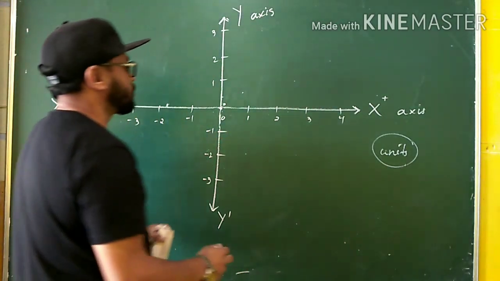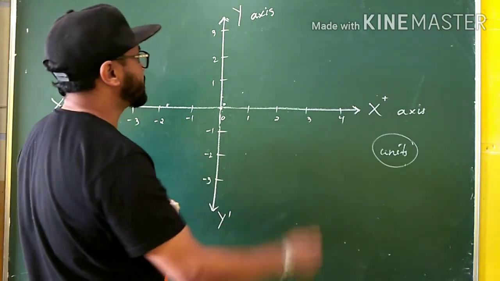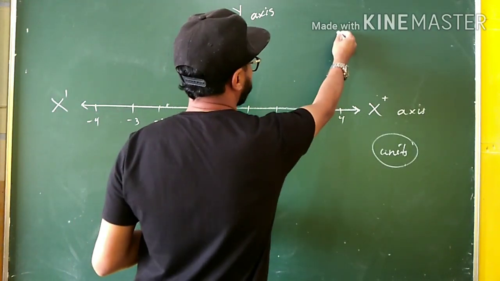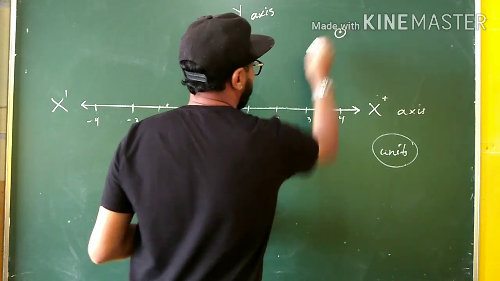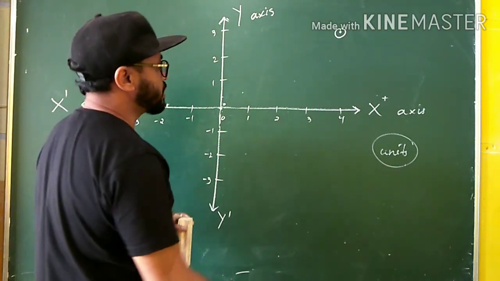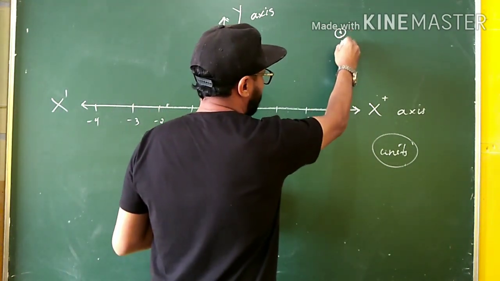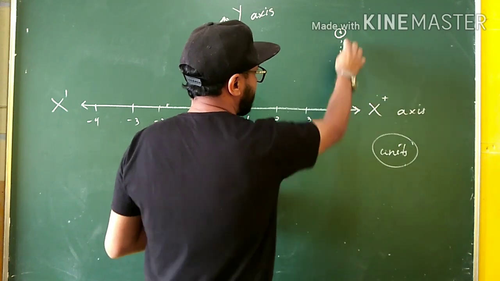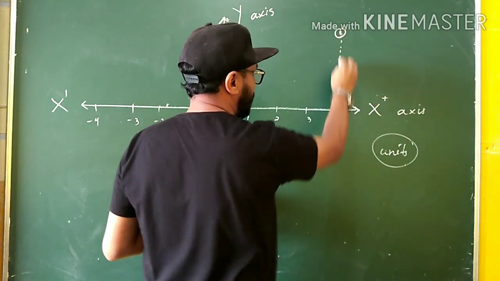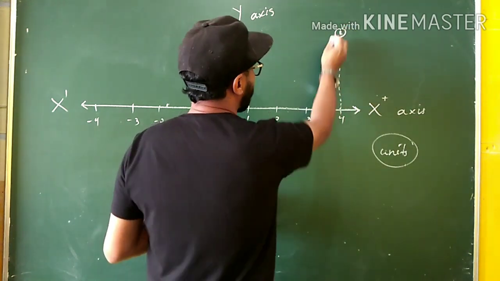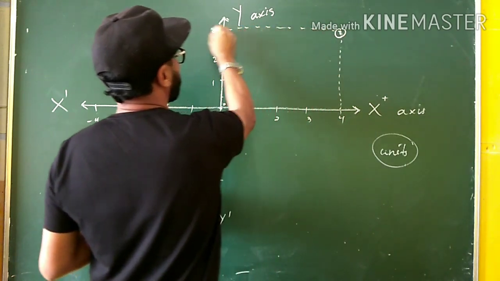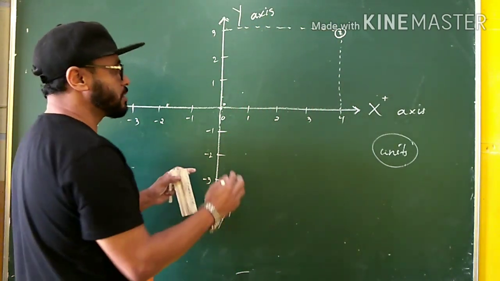Alright? Now how to locate a point? Let us take any point here. Now what we have to do is draw a perpendicular line from this point on the x-axis as well as the y-axis. Now we'll measure the units.